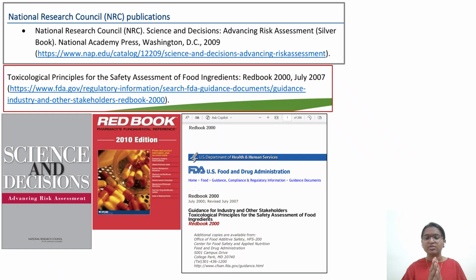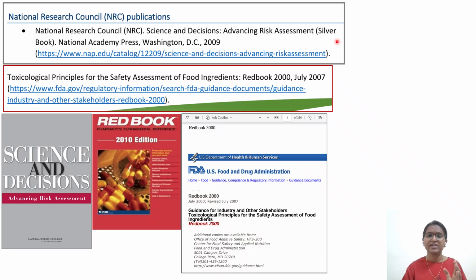Next, we'll quickly understand why we are discussing this particular topic. If you look into the ABT brochure 2026, in the references section as well as in the syllabus, they are given. This comes under National Research Council, NRC publications, Science and Decisions: Advancing Risk Assessment, coming under National Academy Press, year 2009.